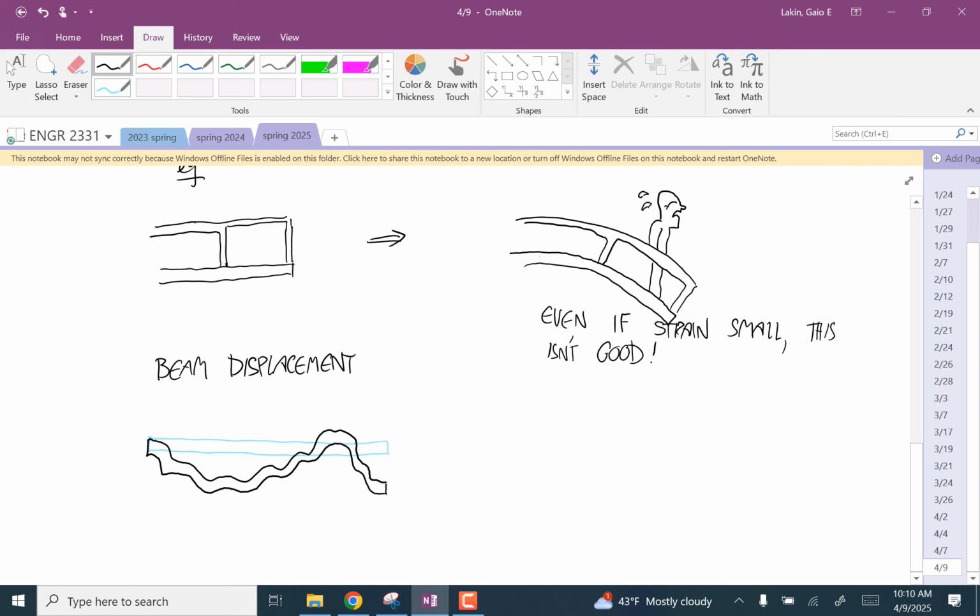At each material point, you can find where that point went under the deformation, and this is a displacement vector.